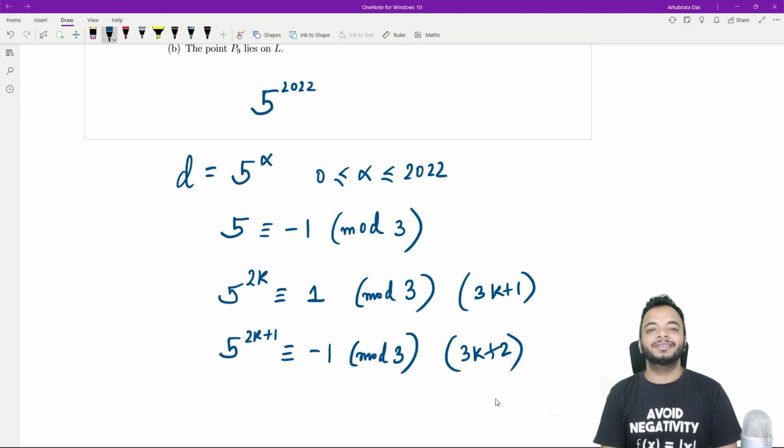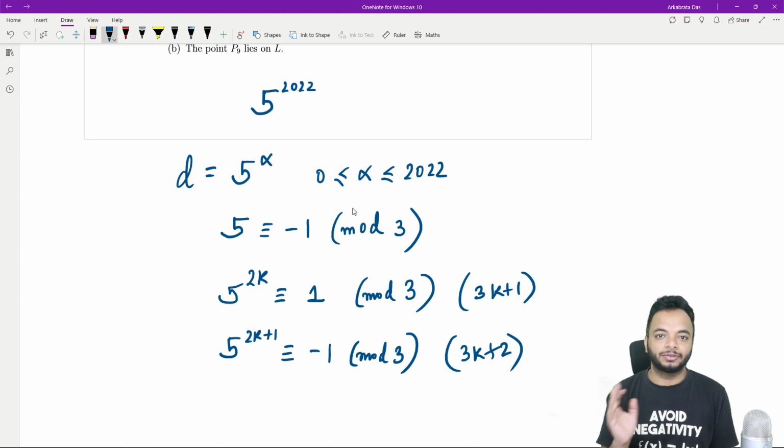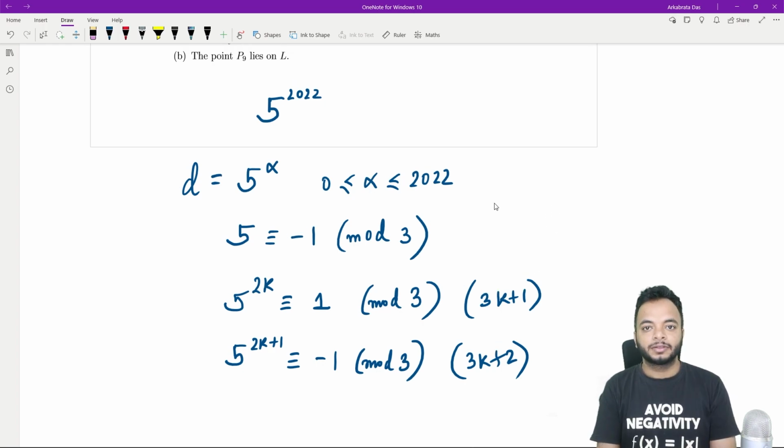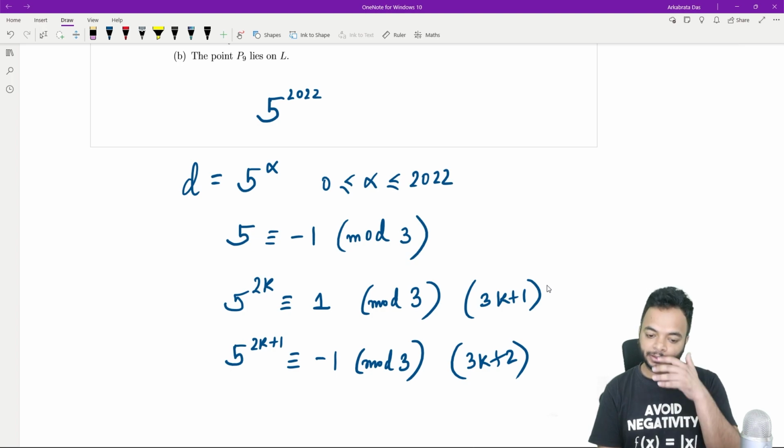Now we just have to calculate how many alphas there are from 0 to 2022 which are even, and how many which are odd. Basically the rest of them will be odd. So let's calculate the number of divisors of the form 3k plus 1.